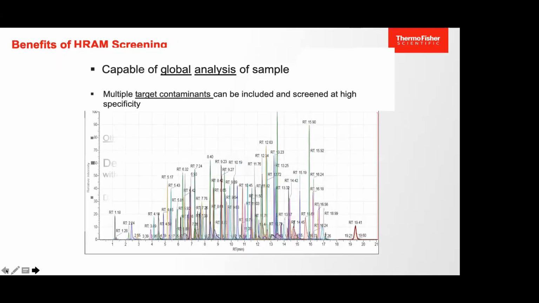Okay, so this is the benefit of high resolution accurate mass screening. You see that this is a vegetable sample, and we screen pesticide residue. In actual fact, we are screening about 200 to 300 pesticides.